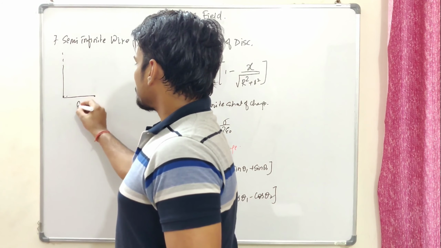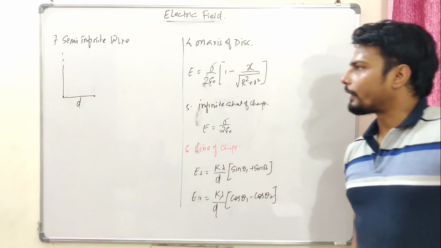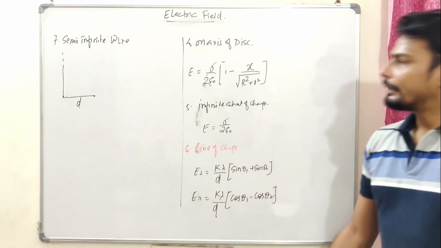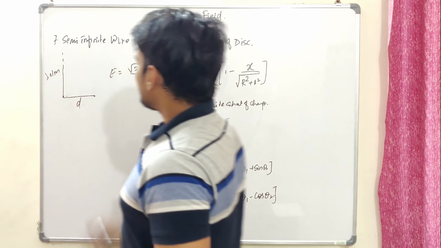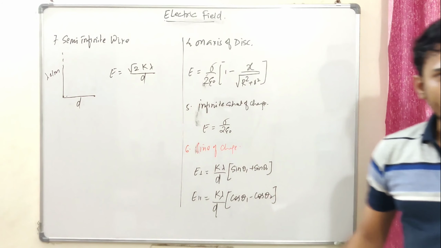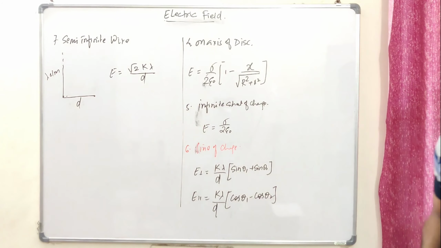Let's say at this point, which is at a distance of d, I wanted to find the electric field due to this semi-infinite wire. That was nothing but, if you remember, E given as root 2 times k lambda by d, where lambda is the charge density, lambda coulomb per meter. That was the field at one end of the semi-infinite wire at a distance of d from there.